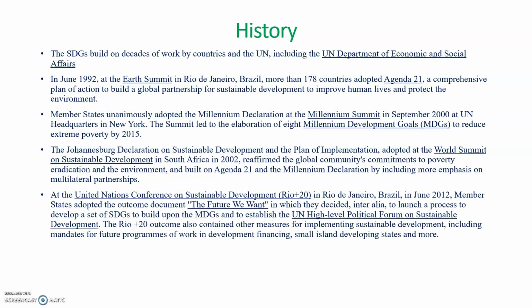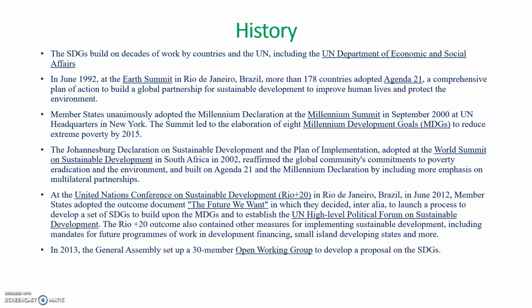At the United Nations Conference on Sustainable Development in Brazil in June 2012, member states adopted the outcome document, The Future We Want, in which they decided to launch a process to develop a set of sustainable development goals to build upon the Millennium Development Goals and to establish the UN High-Level Political Forum on Sustainable Development.